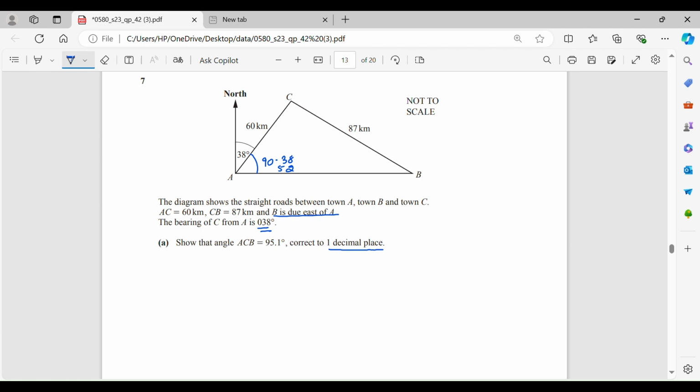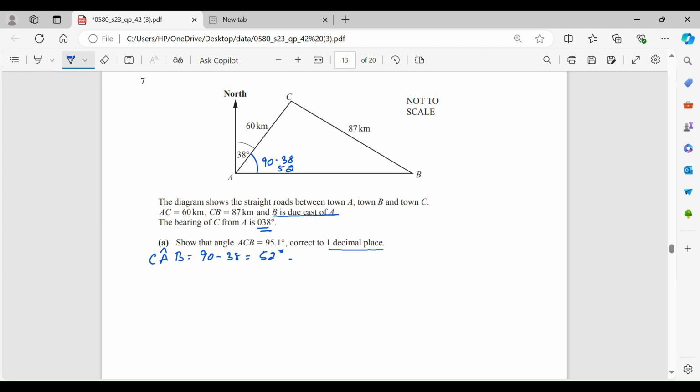So angle CAB will be equal to 90 minus 38, which is equal to 52 degrees, right?